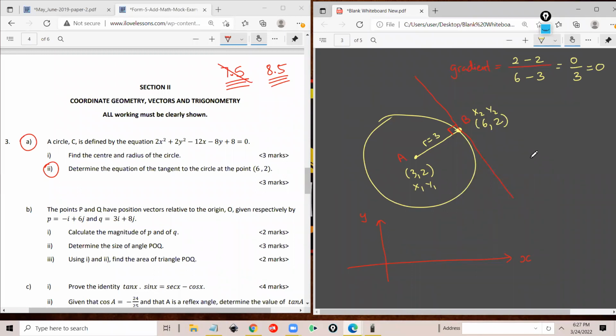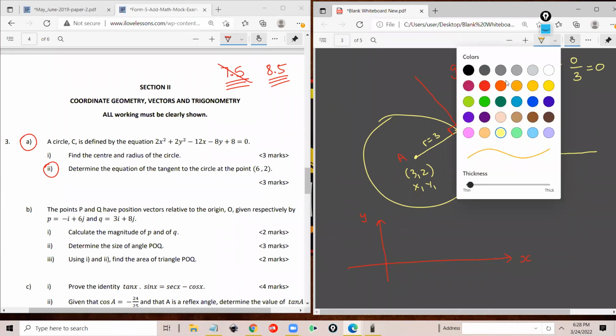What do you all know, right, about if a line has a gradient of 0? That means it's a perfectly what? Flat line. Remember, the red line is at right angle. So think about this. If you have a line that's perfectly flat, right?